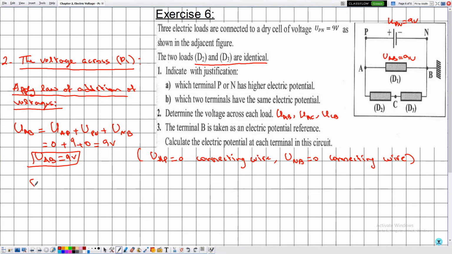So let's say since D2 and D3 are identical, then they have the same voltage.